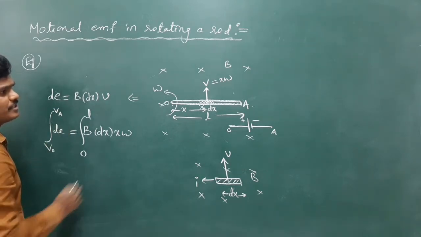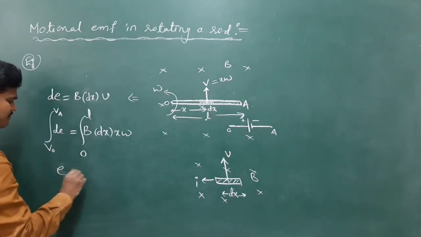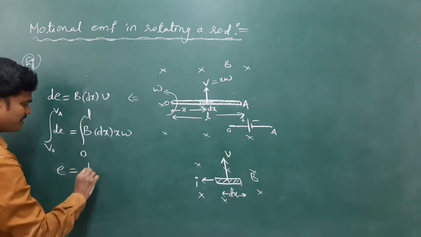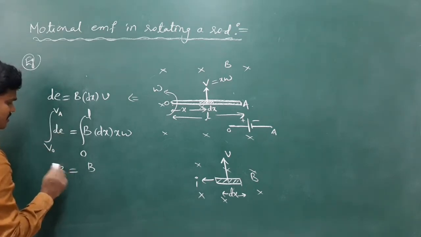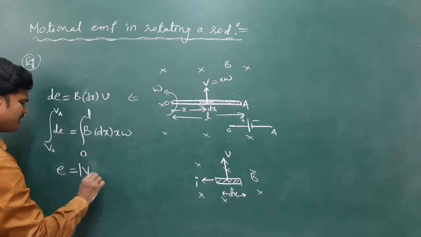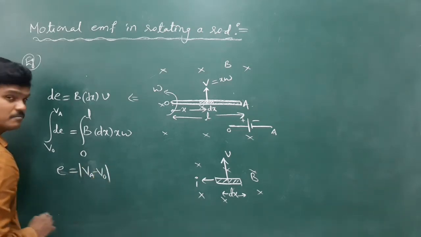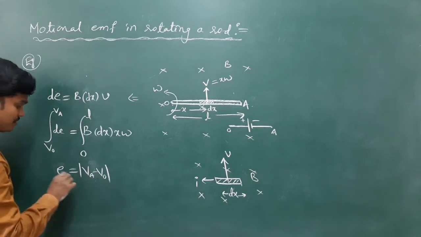Okay, so VO, VA. Here let me write EMF is equal to B. This potential difference is nothing but EMF. Otherwise, let me write the magnitude, VA minus VO. I am taking magnitude.